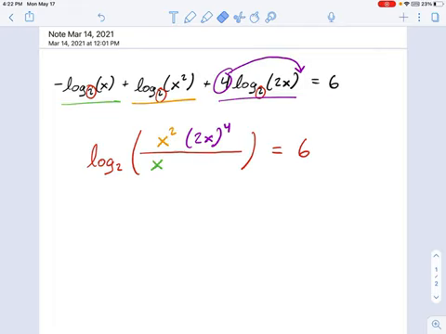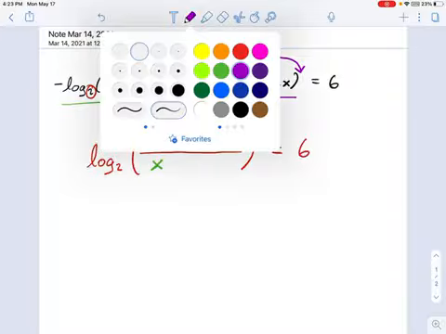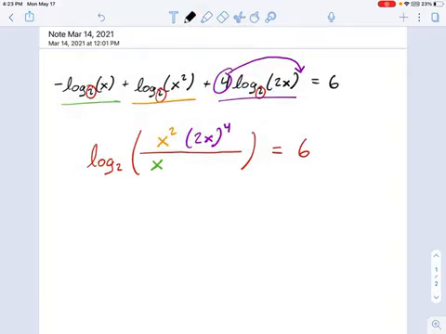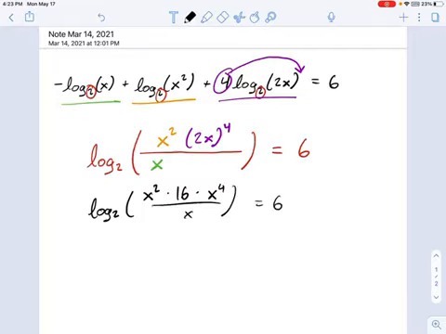Now, we have everything written in this big argument here. We can just go ahead and start simplifying. So this is going to be log base 2 of x squared on top, and 2 to the 4th power, 2, 4, 8, 16, times x to the 4th, all divided by x, equals 6.